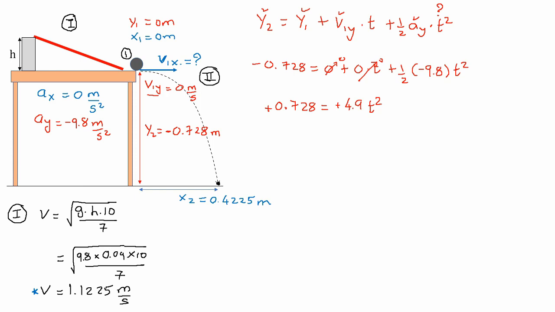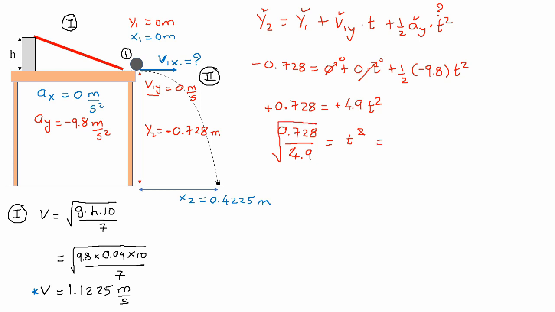Okay, so now 4.9 goes to the left. So 0.728 divided by 4.9 equals t squared, right? So to get t, we need to square root both sides.